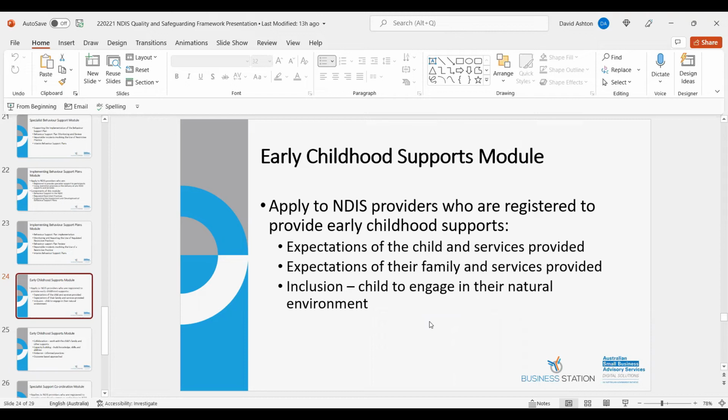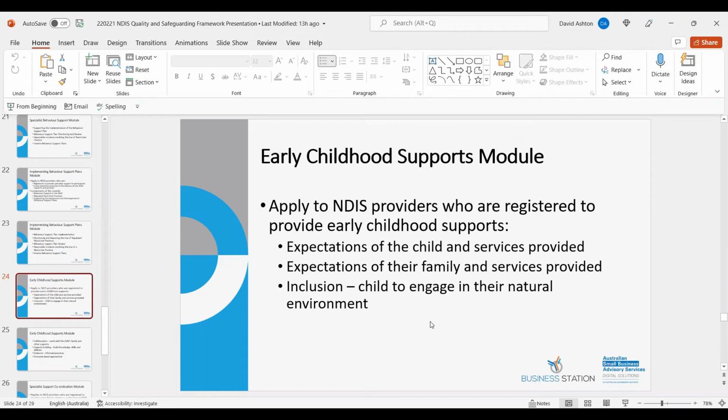Obviously someone between the age of 0 and 5 is going to require different supports to someone that's between the age of 12 and 17. So you might want to develop particular policies and procedures based on that age range, depending on who you're going to engage. With early childhood supports, obviously the involvement of parents or legal guardian becomes important here.